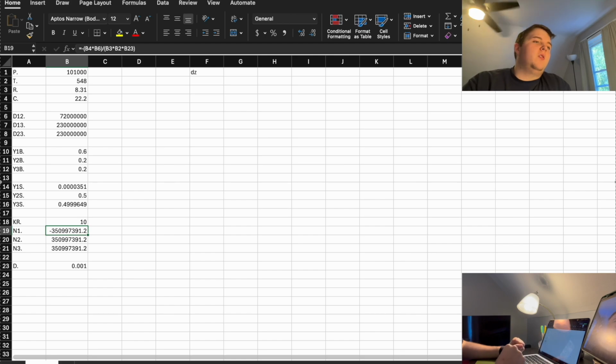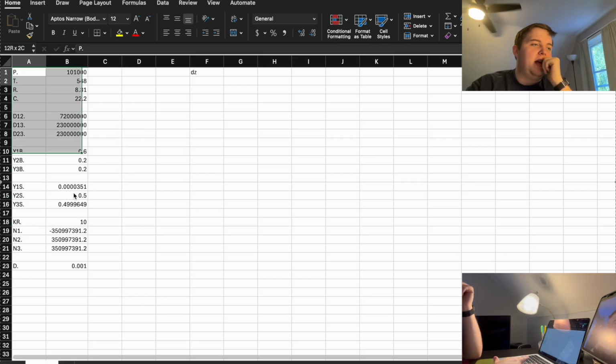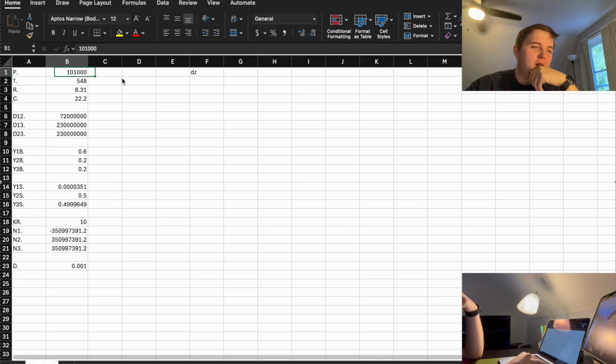Okay, I moved everything over to Excel now. As you can see, I already added most of our constants from the problem statement. We have pressure, temperature, R is known, concentration, our coefficients, our given mole fractions, and here our guessed cells, and then reaction rate, N1, N2, N3, and D, which is basically our film thickness.